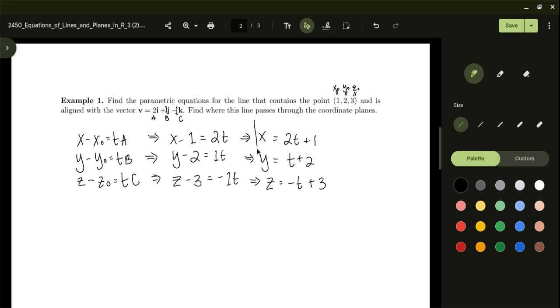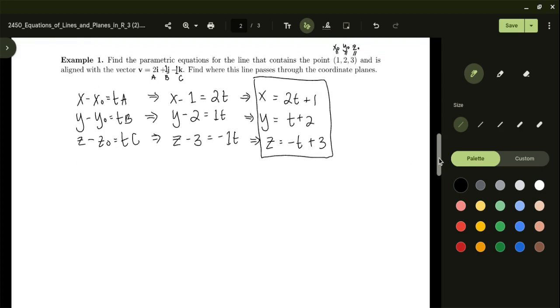So these are our parametric equations for our line that contains 1, 2, 3, and is aligned with our vector v here. Now, don't forget this second part. We're asked to find where this line passes through the coordinate planes. And so if you think of our three-dimensional space, let me try and draw that here.